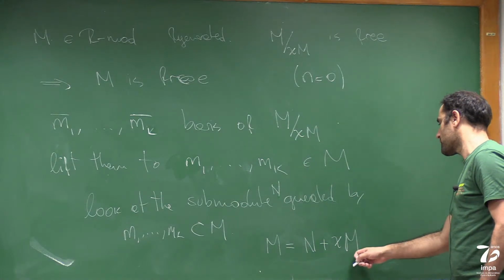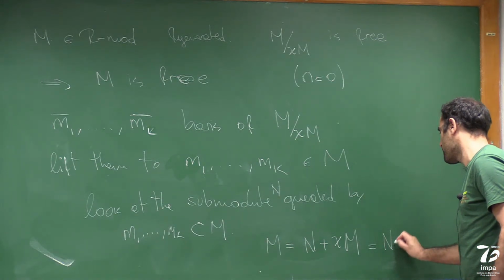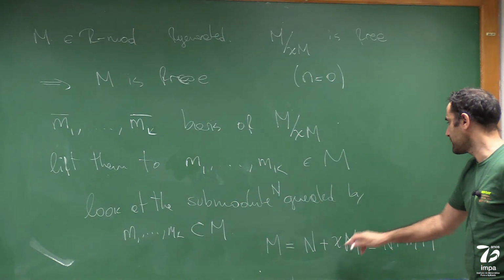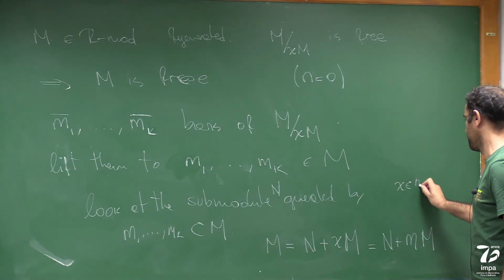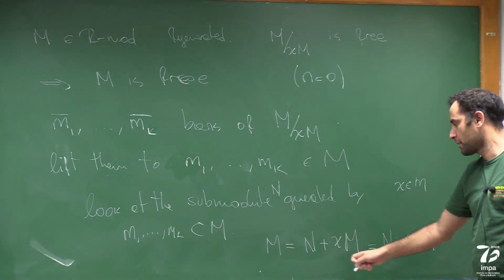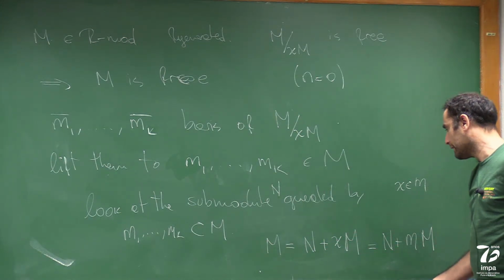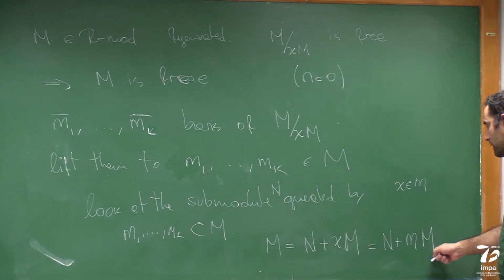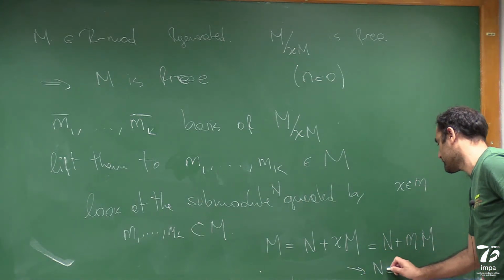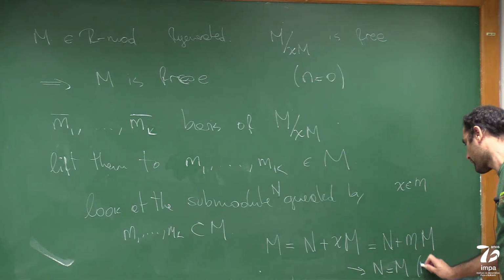But then, in particular, this is contained in N plus the whole maximal ideal times M. This is because x is in the maximal ideal. But since M is a finitely generated module over a local ring, this condition here was Nakayama's lemma, telling us that N is equal to M by Nakayama's lemma.